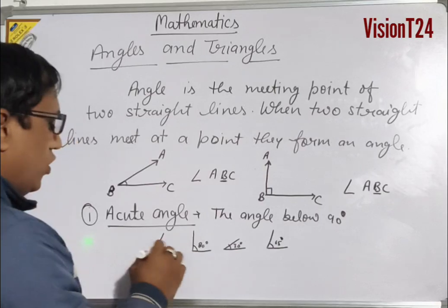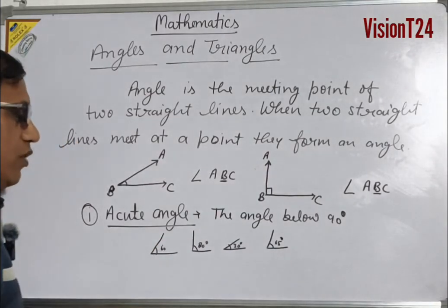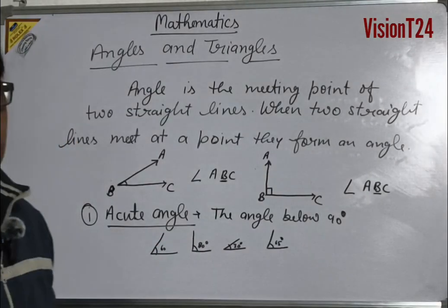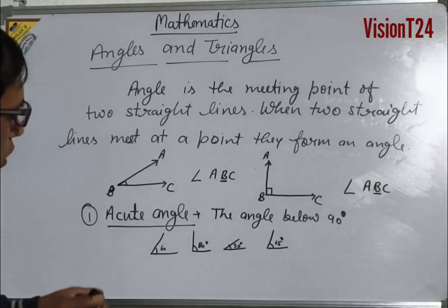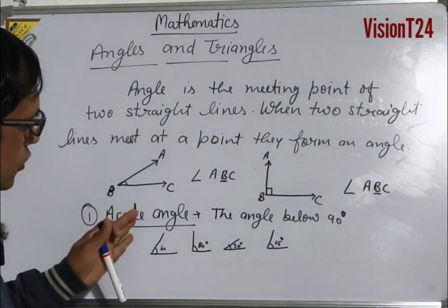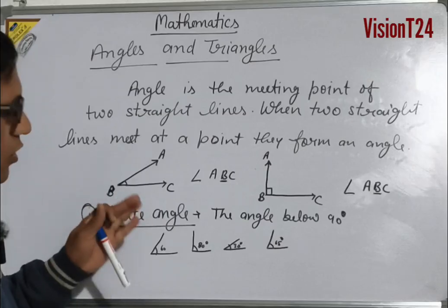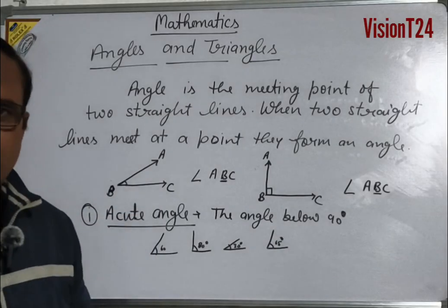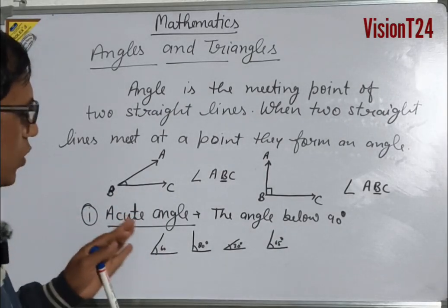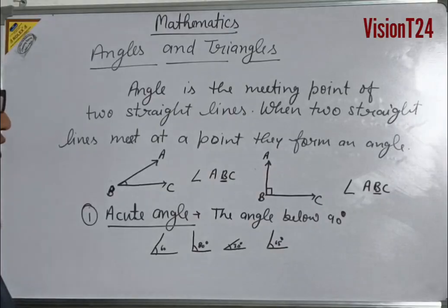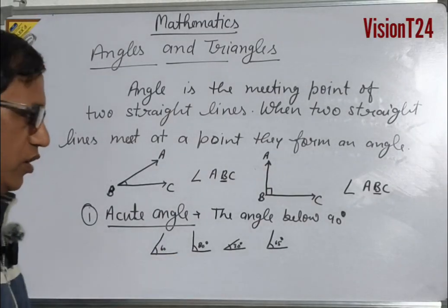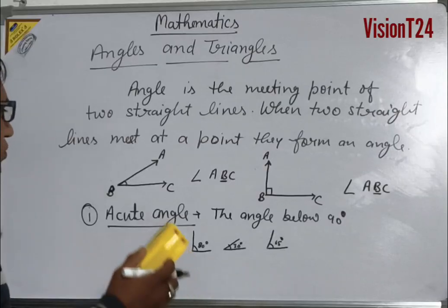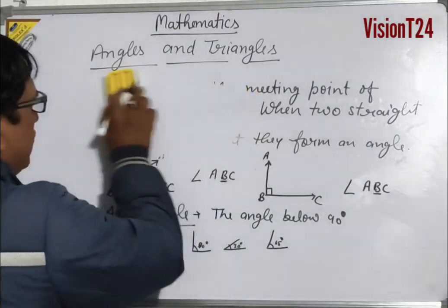So all of these angles are below 90 degree. So these are called acute angle, right? You can easily just estimate them. आप अंदाजा लगा सकते हो कि these angles are below 90 degree, so these are acute angle. Correct? Understood? Okay.